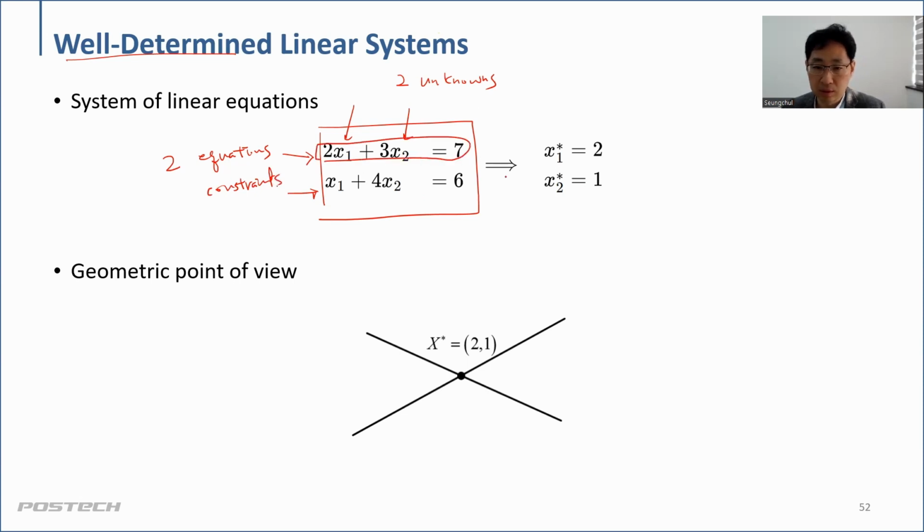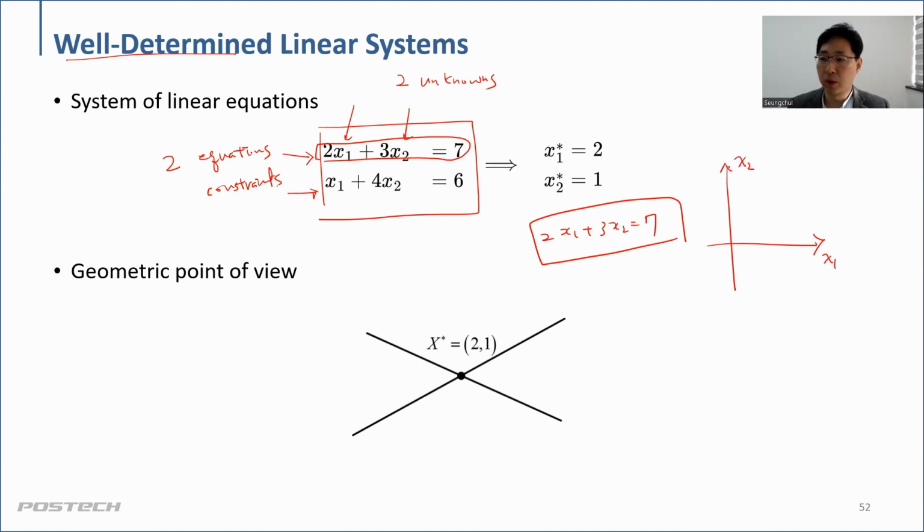Let's think about the first equation first. We have two unknowns, x1 and x2. That means a two-dimensional space where x1 and x2 can have any values unless we have these linear equations. But there's some constraint: those two values have to satisfy this constraint.